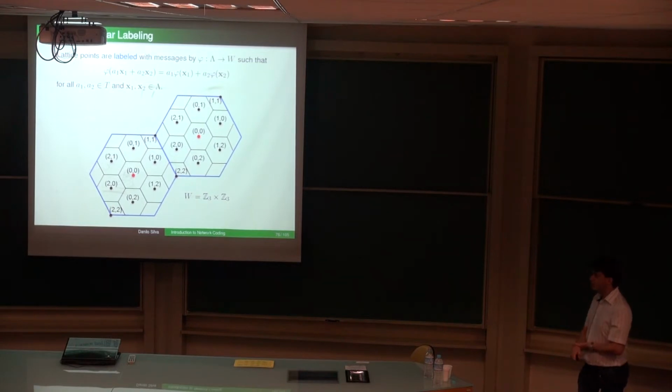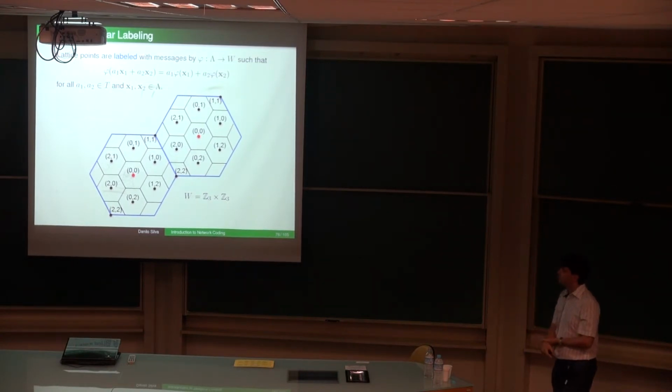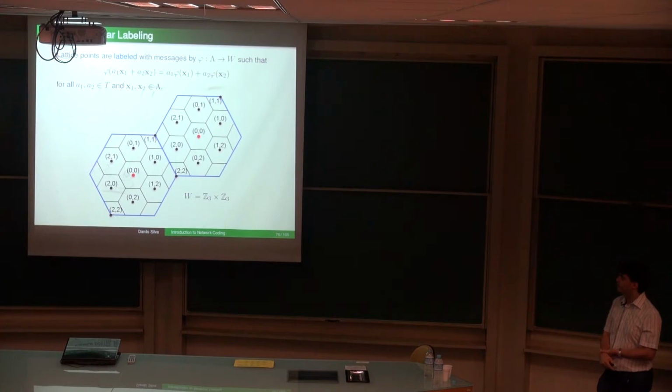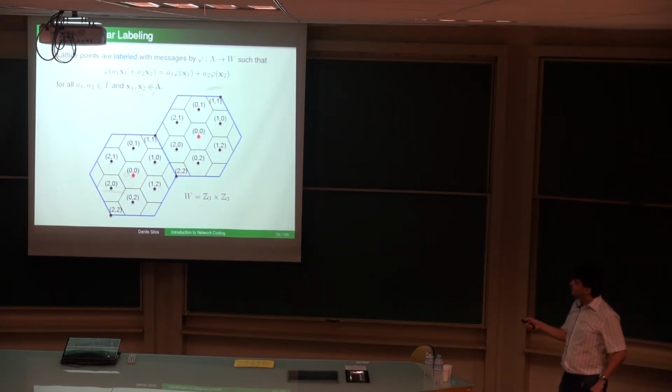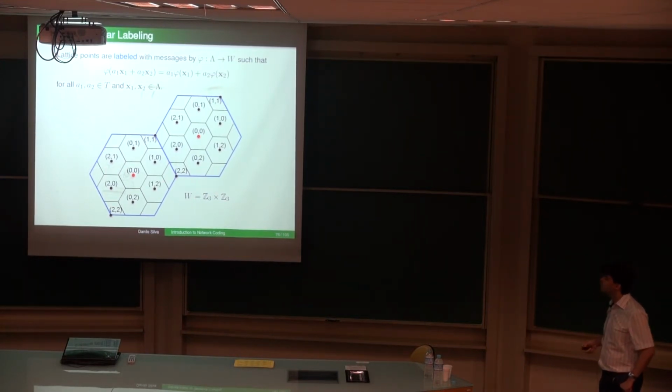Let me give some examples to make clear why we need these ingredients. Suppose we have this lattice here, which just extends over the whole space. Now, how can we label these lattice points with message vectors? This is an example of a labeling of these lattice points. Our message space is this one, so we have 9 messages.